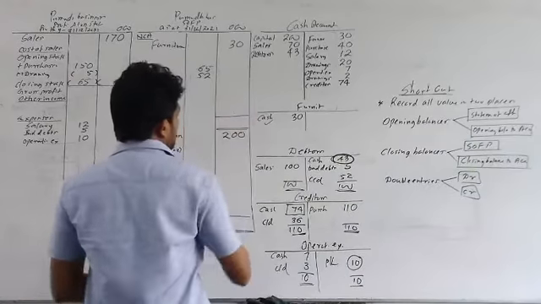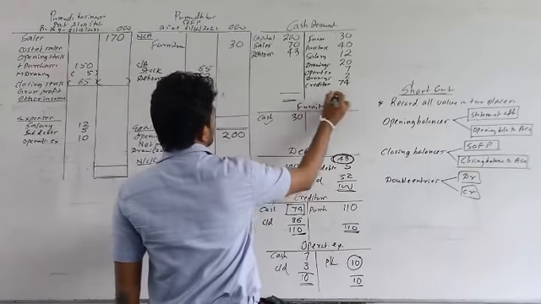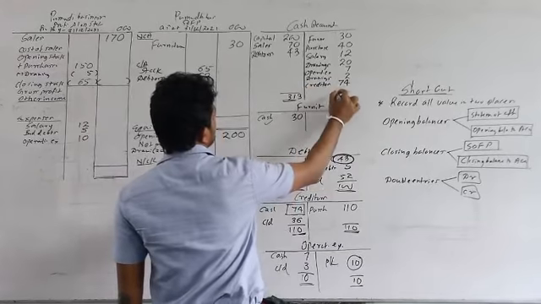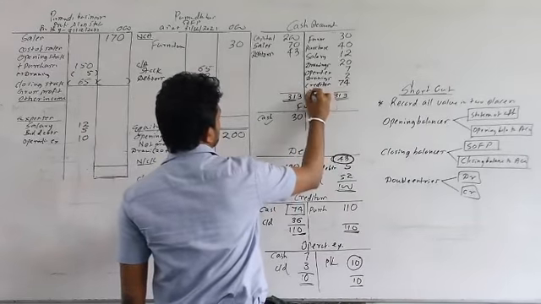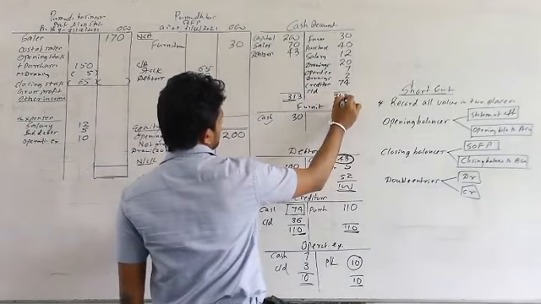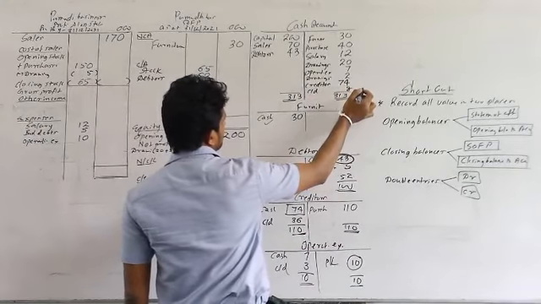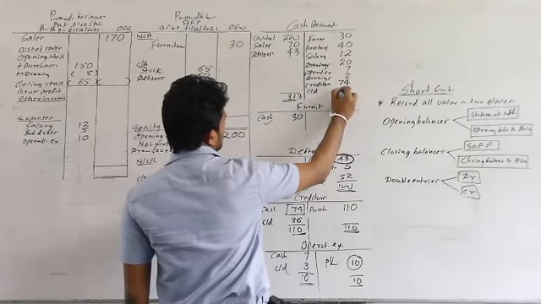Now balance the cash account. Is it 123?